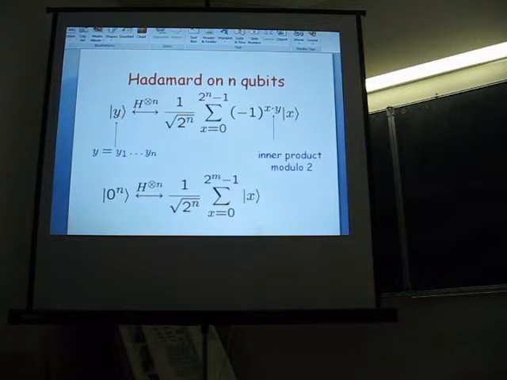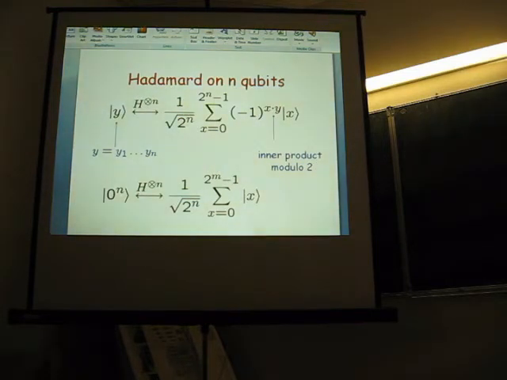If you have an n-bit state here and you apply a Hadamard, as an exercise if you want, you will get this state, which is an equal superposition of all the possible 2 to the n bit states, with amplitude in front of your register of minus 1 to the x dot y, where I think of the inner product modulo 2.